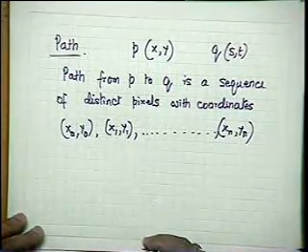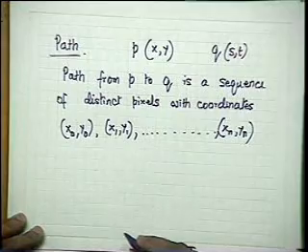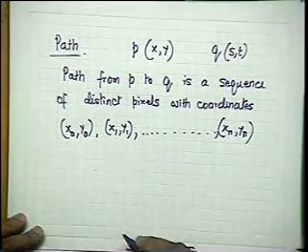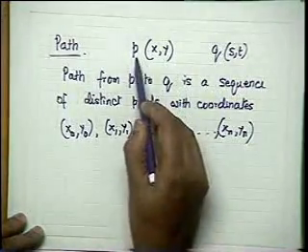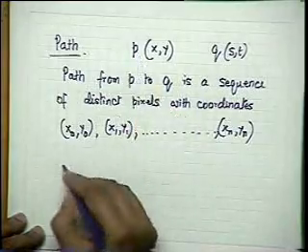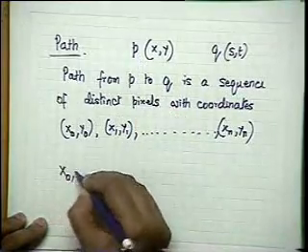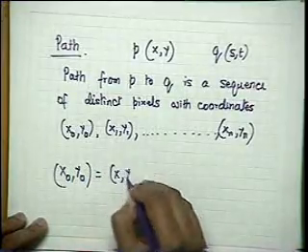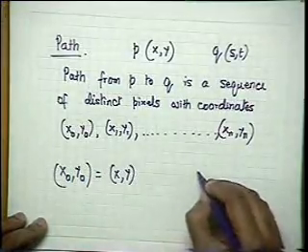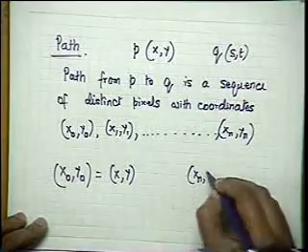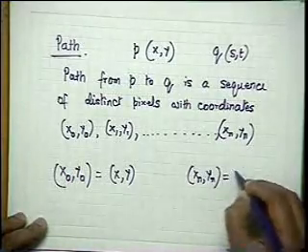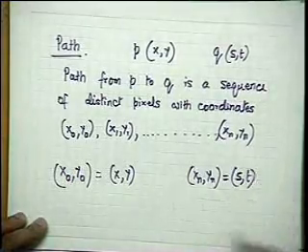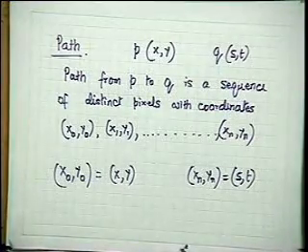Now what is x0, y0? x0, y0 is x, y, that is to say the starting point. Starting point is P. What is xn, yn? xn, yn is the end point, which is s, t in our case.